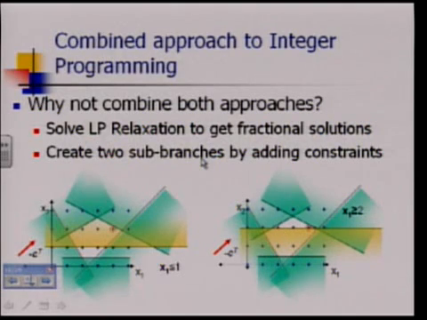For instance, still in this example, we know this area is the feasible region, right? And this red arrow indicates the direction we should go. Okay?